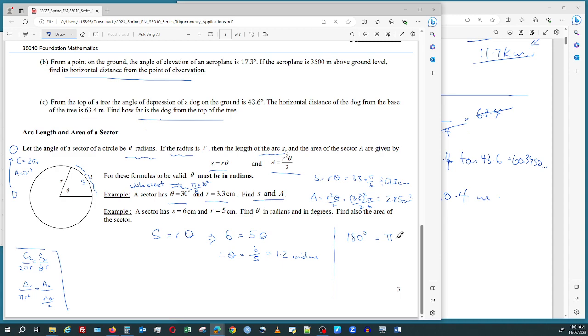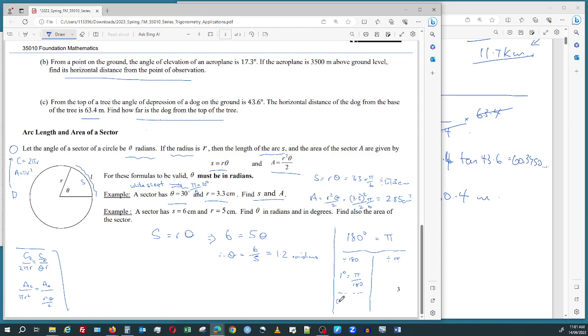We'll do it two ways, dividing by 180 and dividing by pi. Dividing through by 180, 1 degree is equal to pi on 180. If you want 60 degrees, you multiply everything by 60.